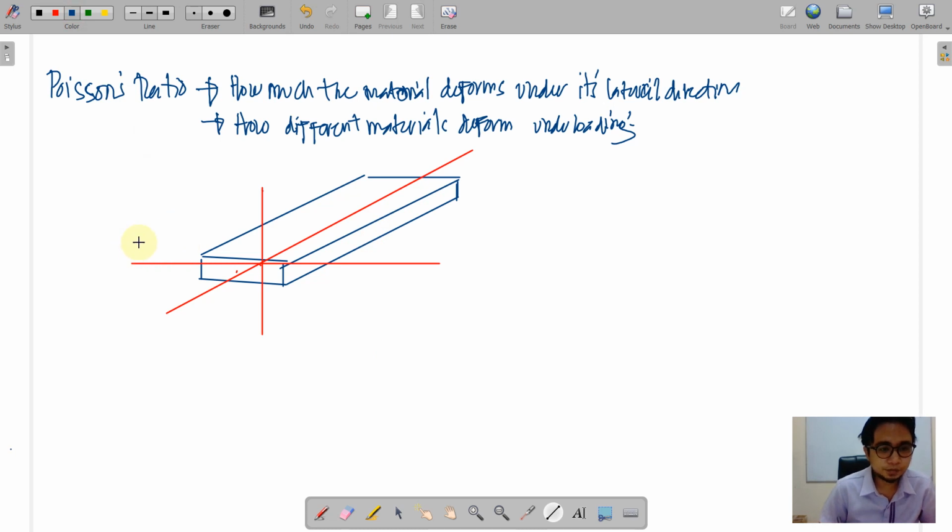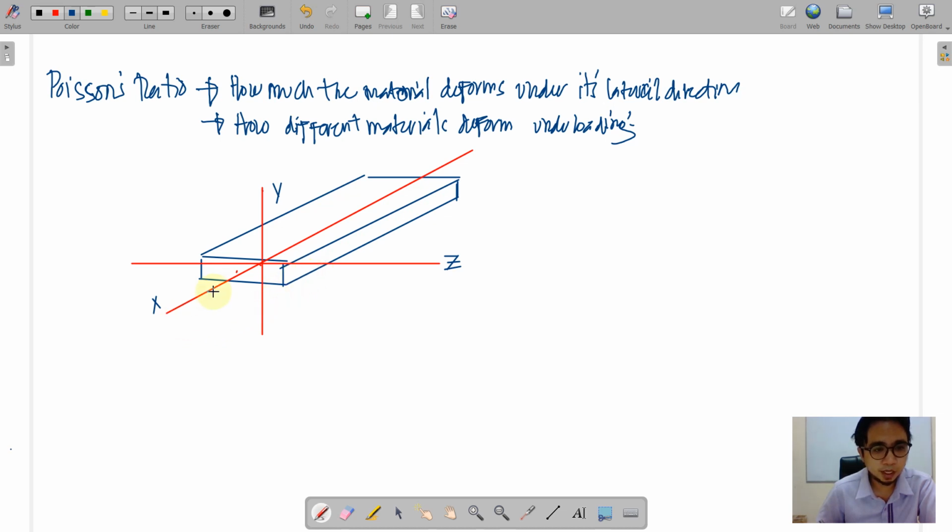We have, say I'm gonna label this as X, and this is the Y, and this is Z direction. Okay, so there will be no fixed direction for lateral, longitudinal direction. Depends on the applied load, where your axial load is applied.